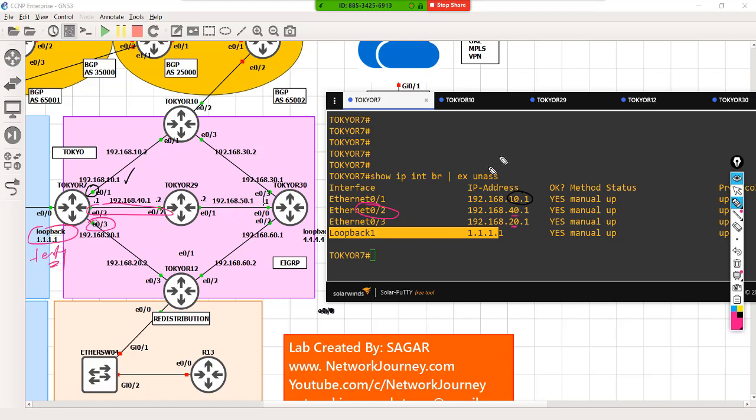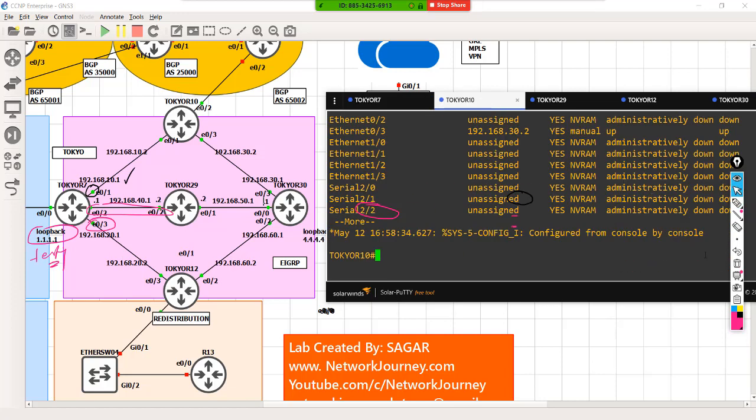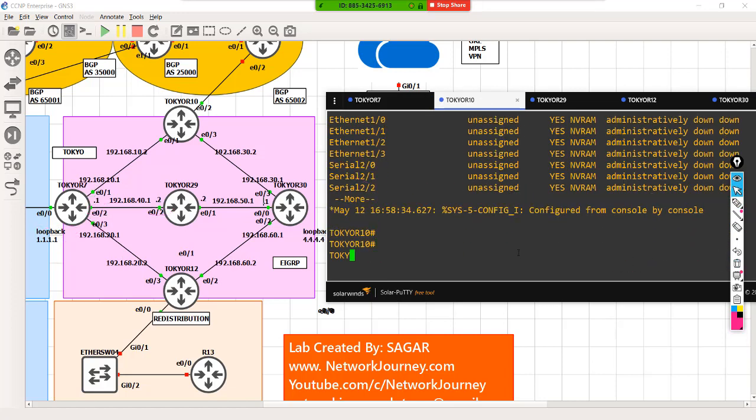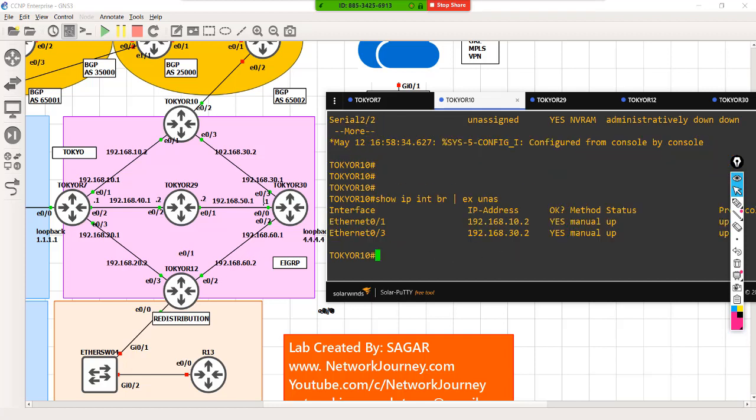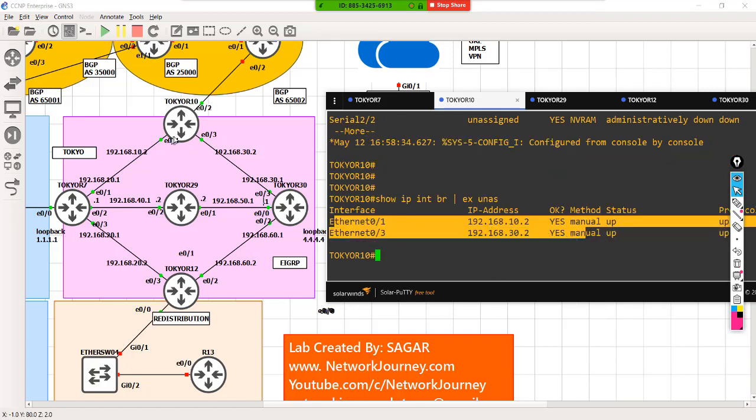Similarly, I'll make sure my basic interface configurations are present. Show IP int brief exclude unassigned. So I have 2 interfaces for the Tokyo 10 router, which is this router. One network over here is the 10 network, and on the other I have the 30 prefix.